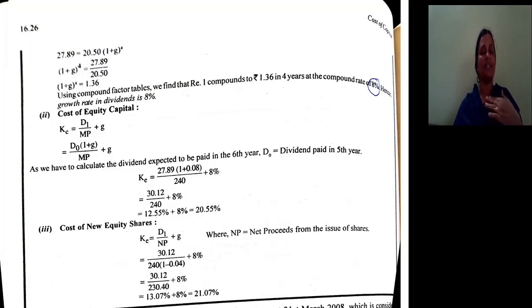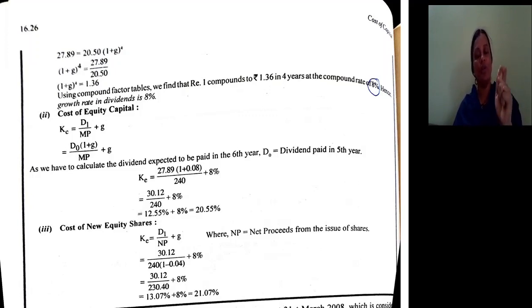After getting this answer, we should look at the compound factor table, which is usually given at the end of every financial management textbook. It won't be in the reference book, it will be in the textbook. If you refer to the Khan & Jain textbook or the Maheshwari textbook, you have the compound factor table. There you have to find, for rupee 1 at 4 years, where we get 1.36.